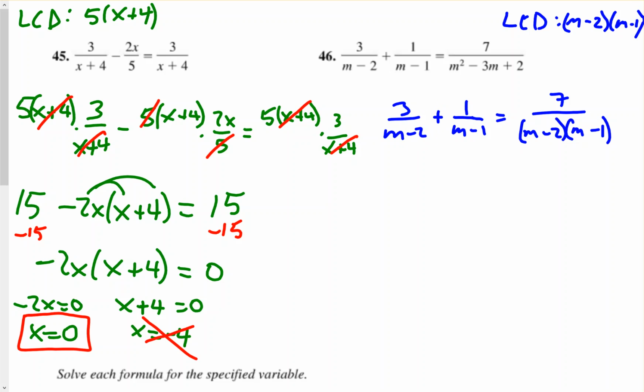Okay, so now just multiply everything through by m minus 2 times m minus 1.